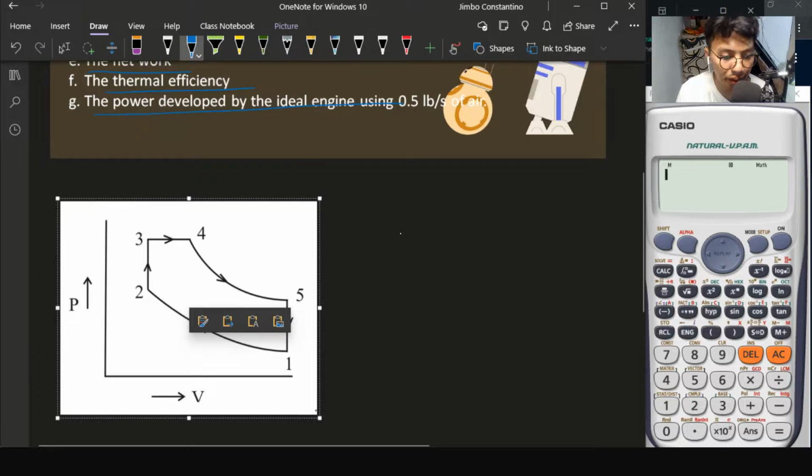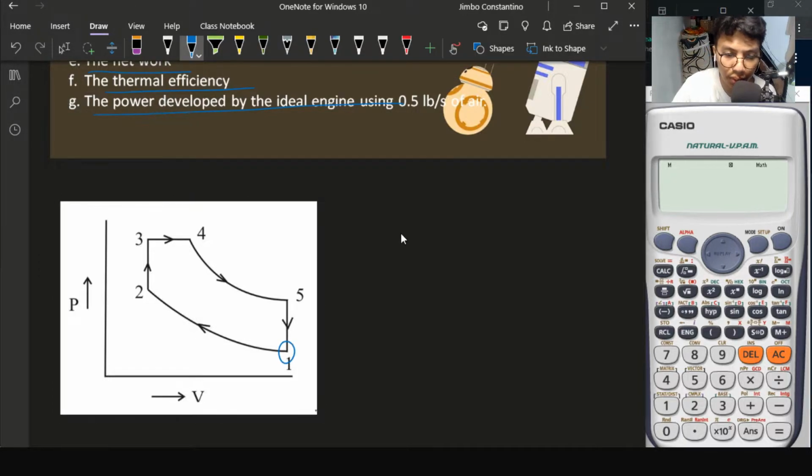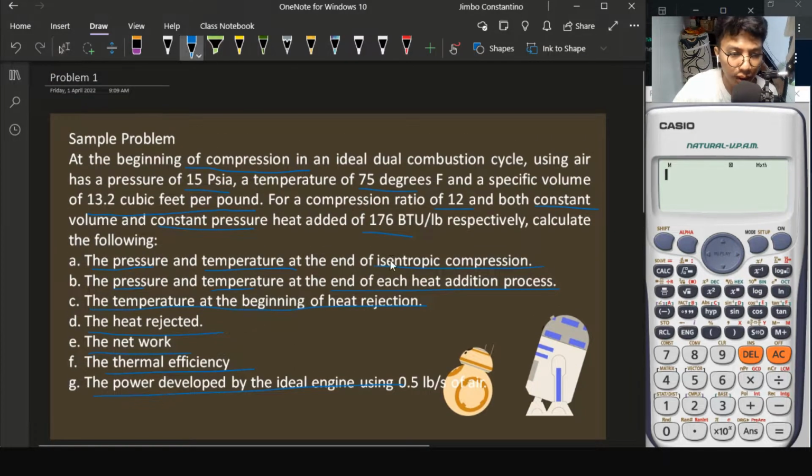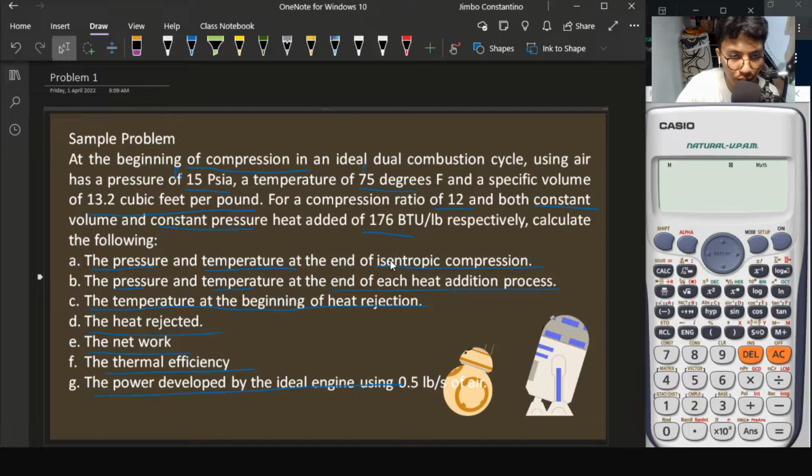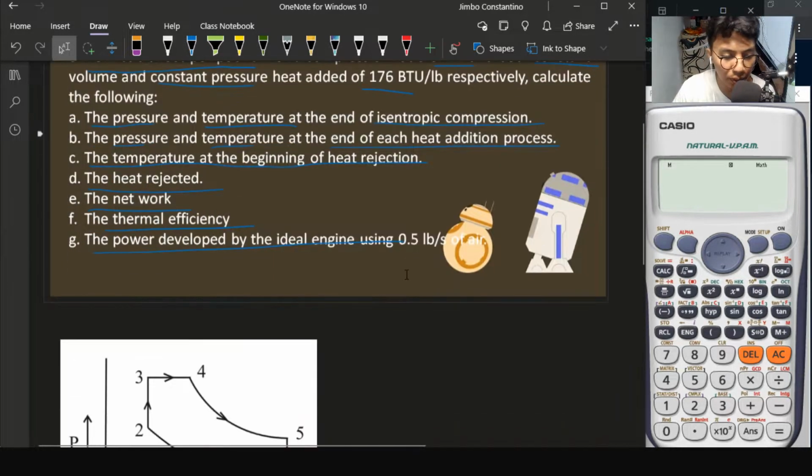So, at point 1, meron tayong given na P1, T1, V1, RK. Okay, P1 is 15 PSI.